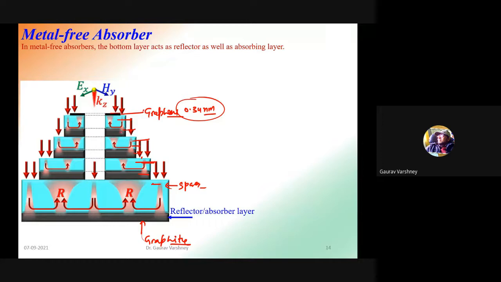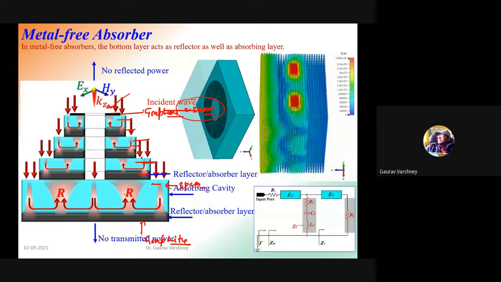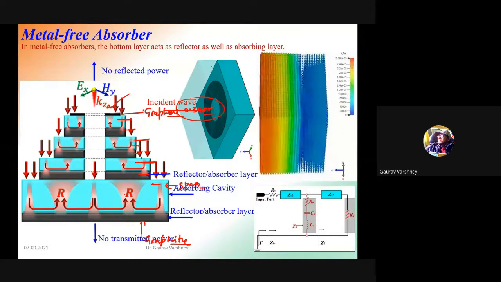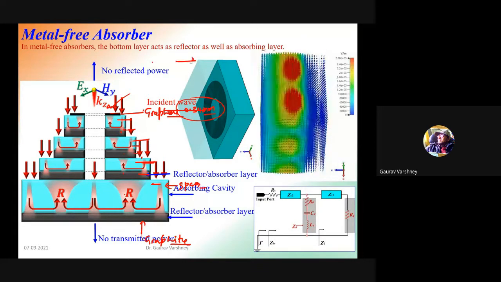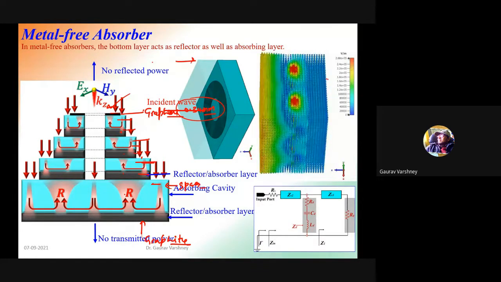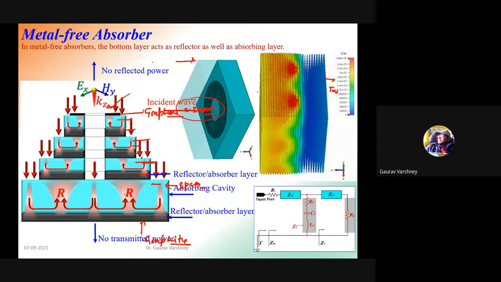So four layers of graphite, four layers of spacer, and one layer of graphene. So this is a totally metal-free structure, and here, if we see incident electromagnetic wave, this is completely absorbed. No transmitted wave, transmission is zero, no reflected wave.